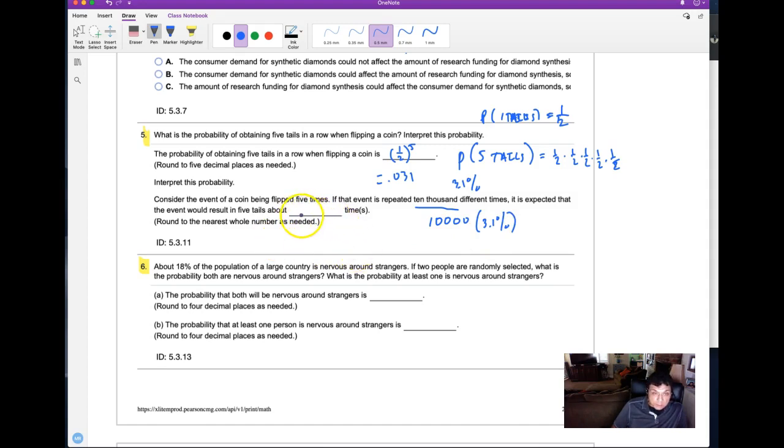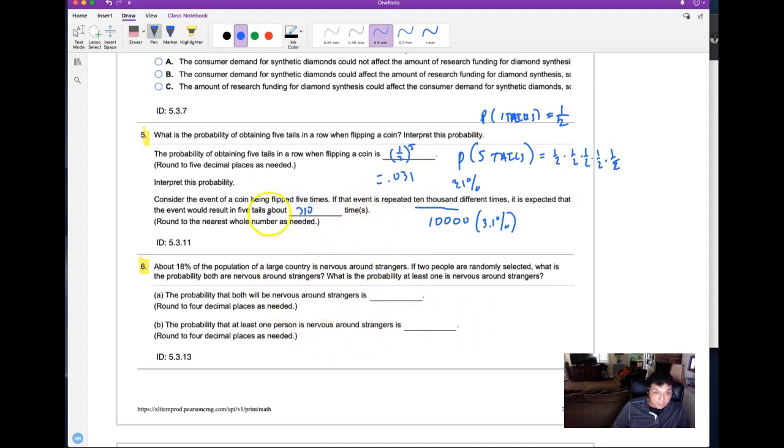So in this case, 3 out of 100 or 30 out of 1,000, this would be 300 out of 10,000. So around 310 times we would expect that to happen.